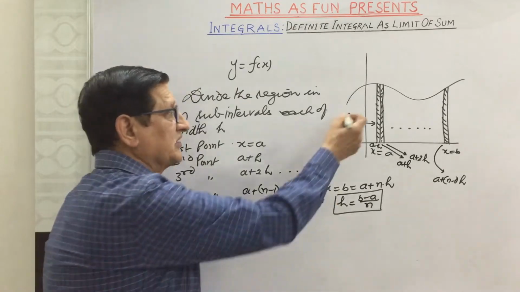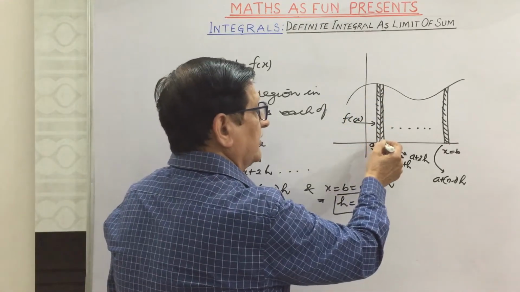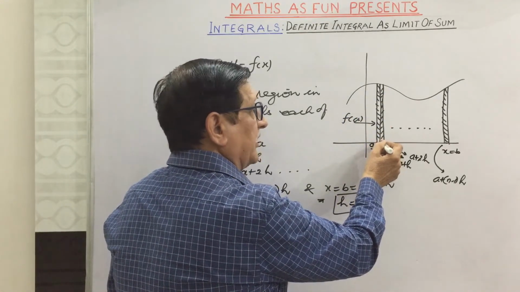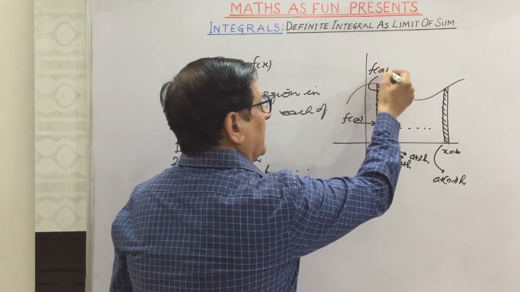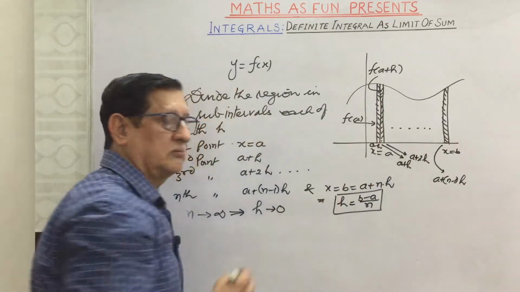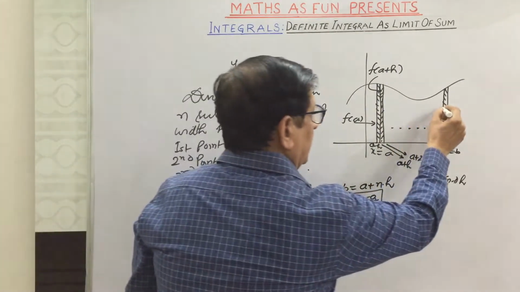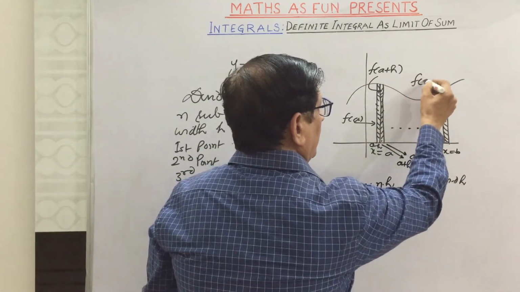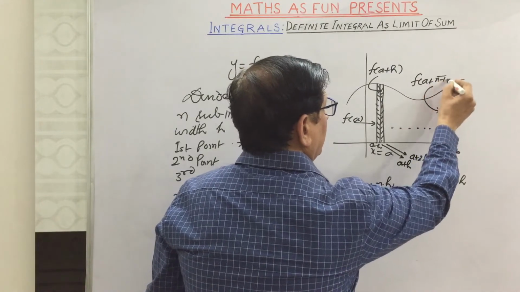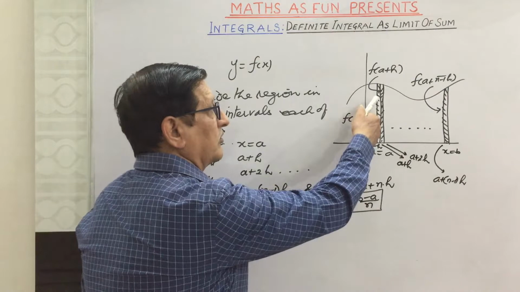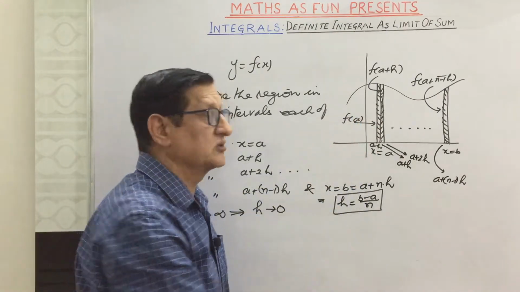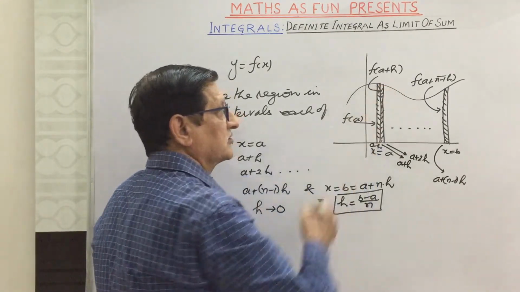For the second strip, if this is a plus h, certainly this length will be f(a plus h), and so on. This length will be f(a plus (n minus 1) into h). The area of each strip can be found out by using length into breadth, because they are just like rectangles, you can see here.